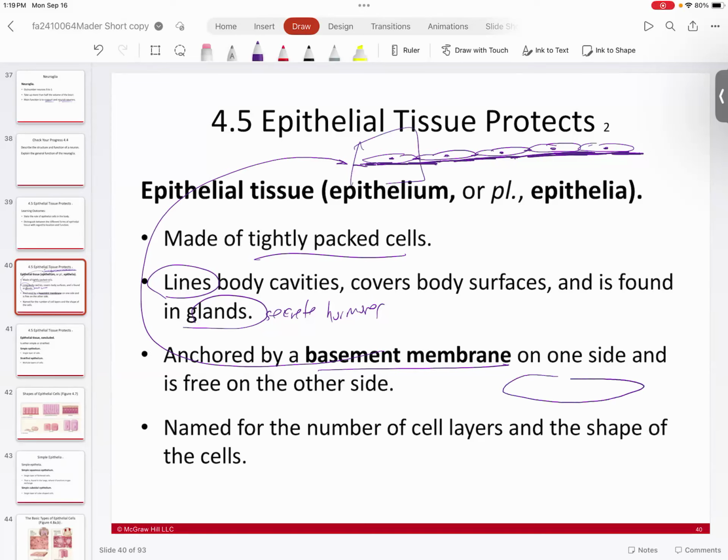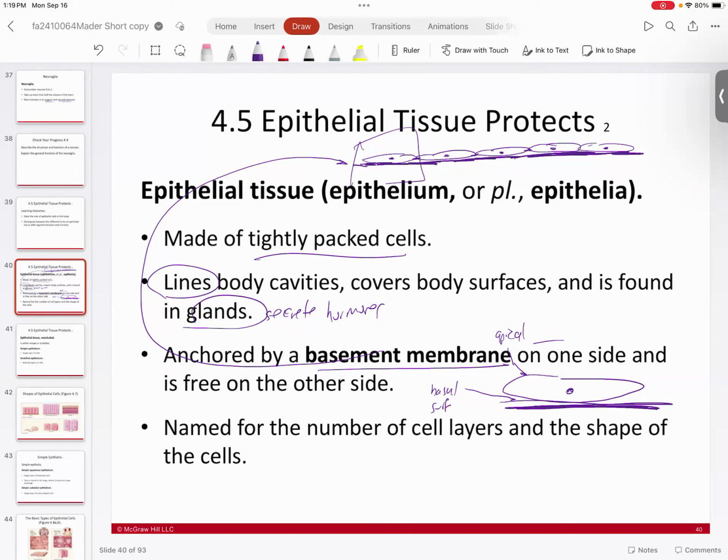So when you blow this image up on any given cell, here's my picture of my cell, here's your basement membrane, and you're going to have what's called a basal surface. And then on the top, attached to the free space, is your apical surface. I don't want to say layer, because it's not quite accurate.